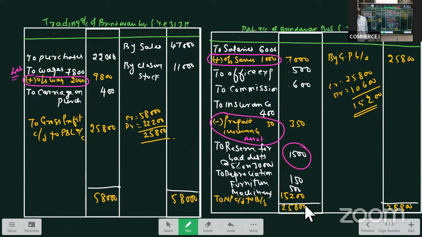Okay, go through it once. Now what is left? We have to prepare the balance sheet. Now let us go to the next page and we prepare the balance sheet.